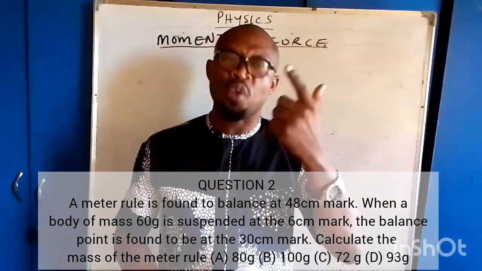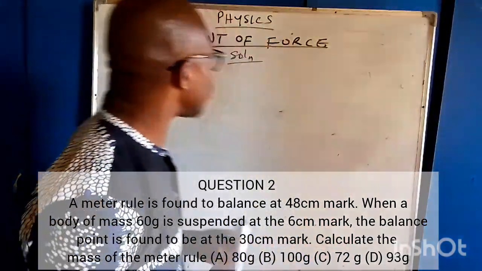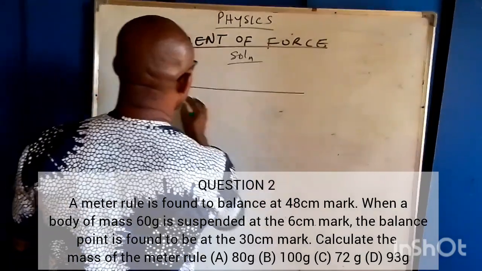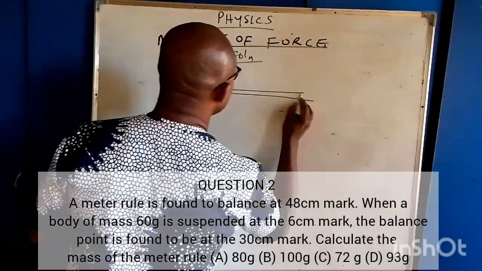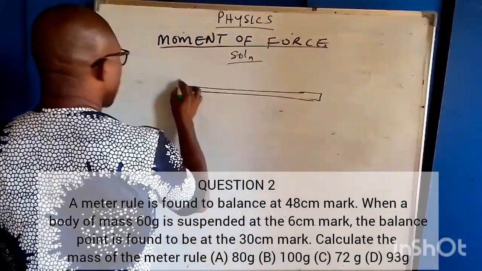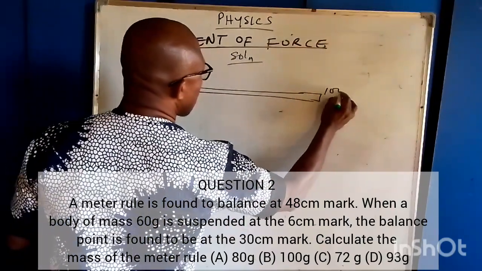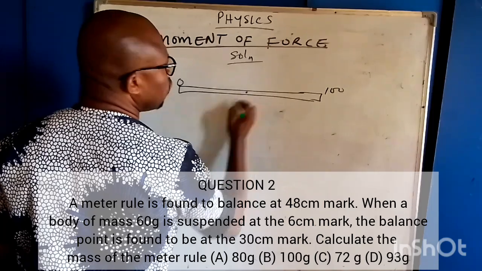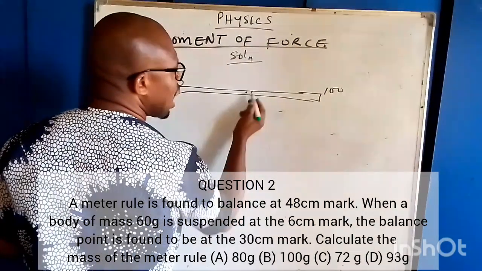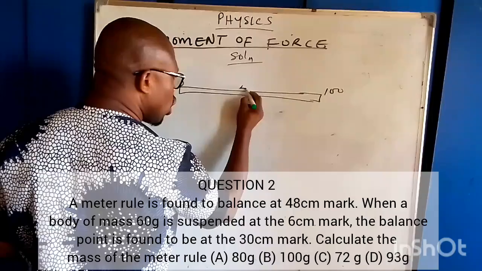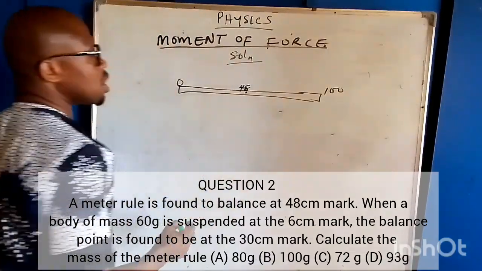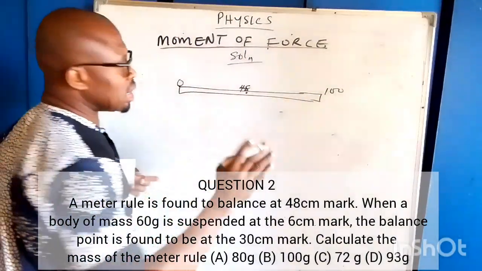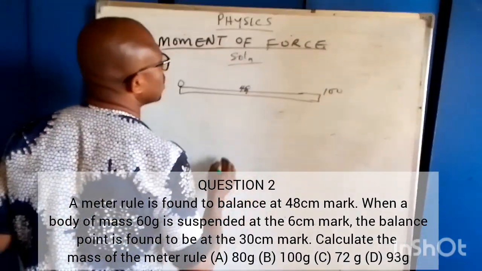That is where we will calculate the mass of the meter rule. So we represent the meter rule. We have here 0, here as 100. Now the midpoint is 50. Just before the 50, we have 48. So it means that at 48 is where the mass of the meter rule will act.